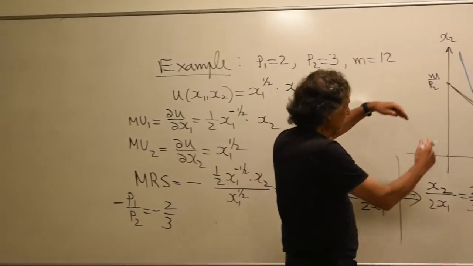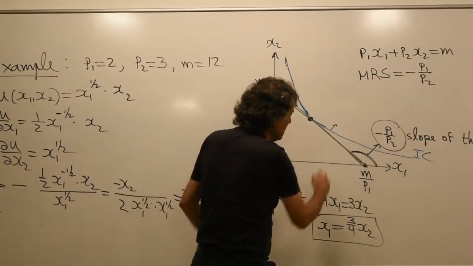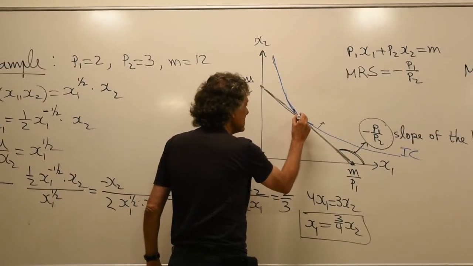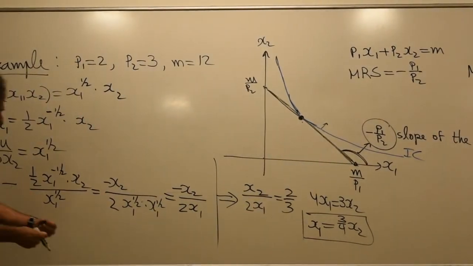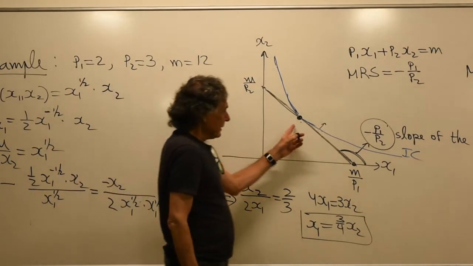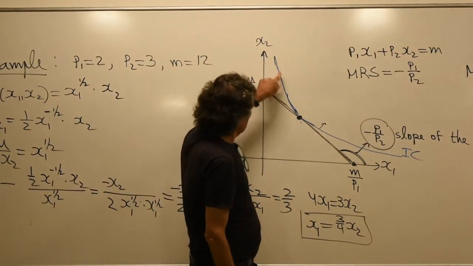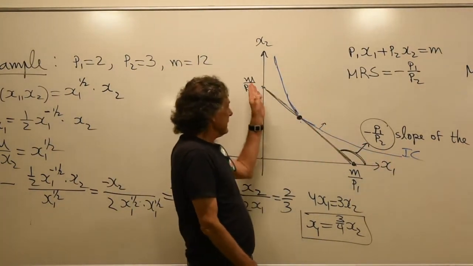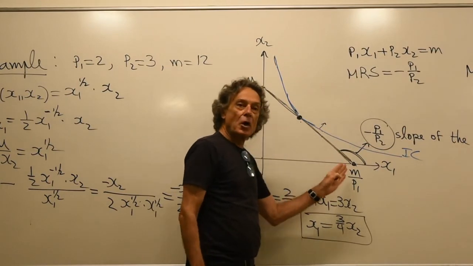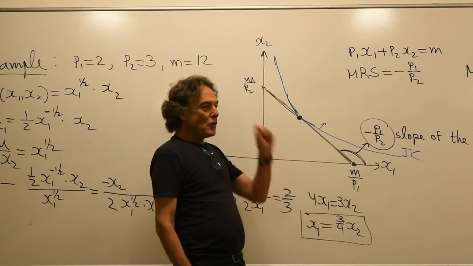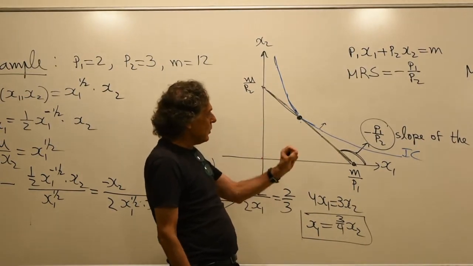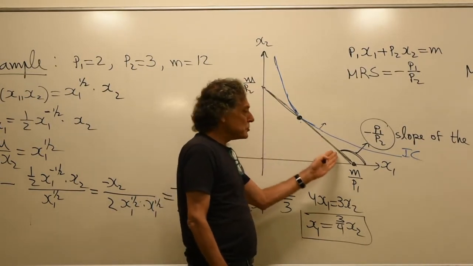And I don't want to go below that because I'll decrease the utility. So this bundle gives me the highest utility. Again, what is this bundle? At this point, this is the indifference curve, the slope of the tangent line is the MRS.